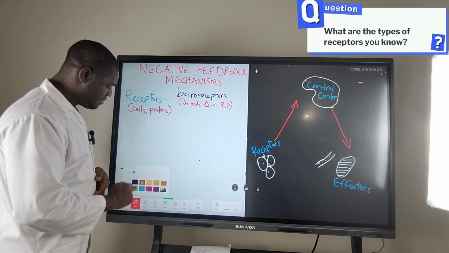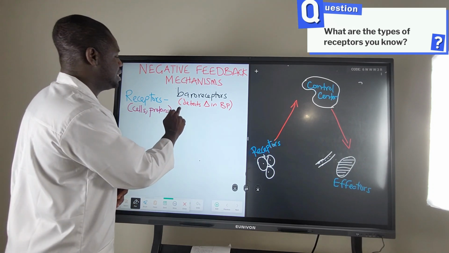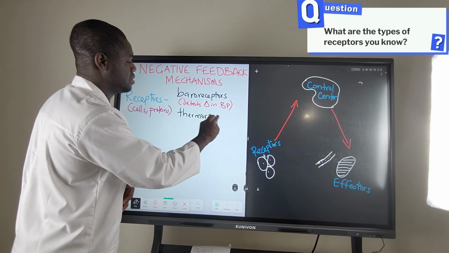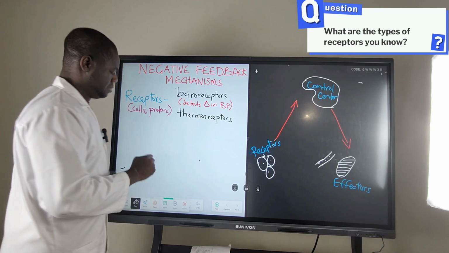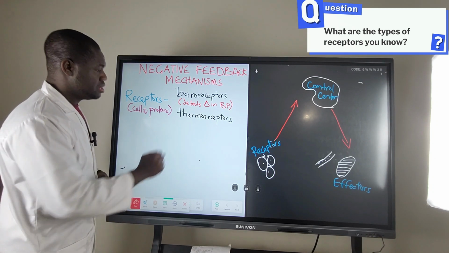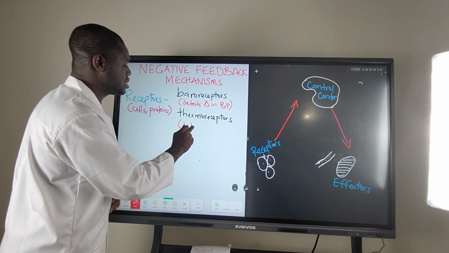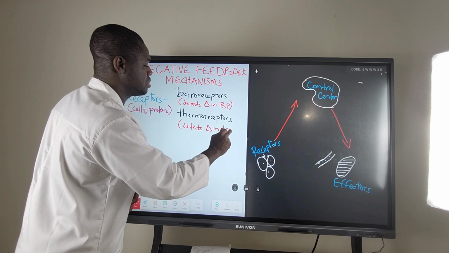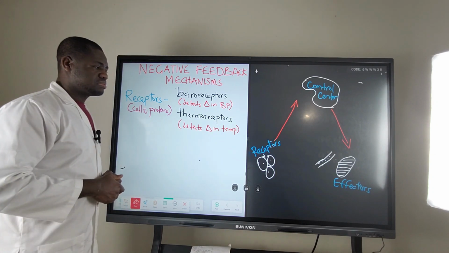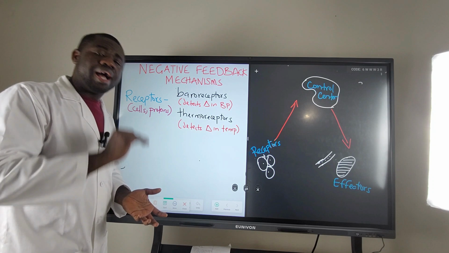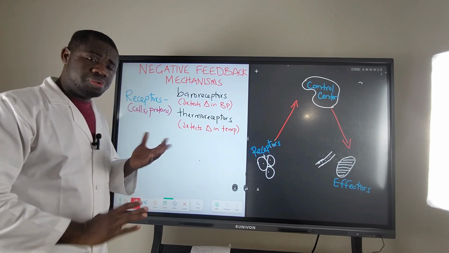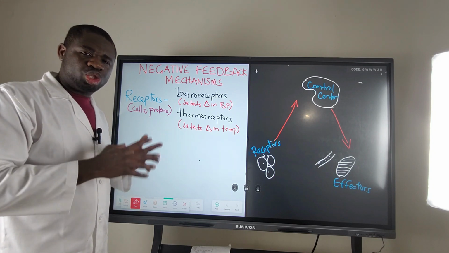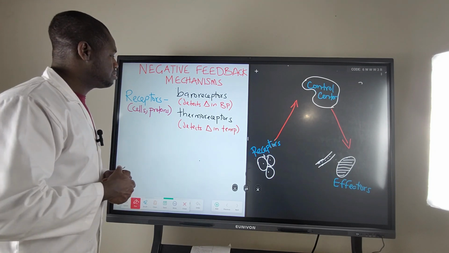We also have thermoreceptors. Thermoreceptors detect changes in the body temperature. That is, if the temperature is too high or too low, the thermoreceptors will detect that change or those changes.